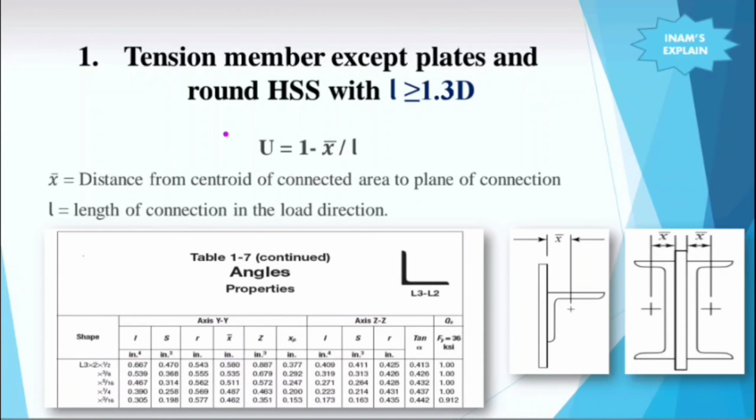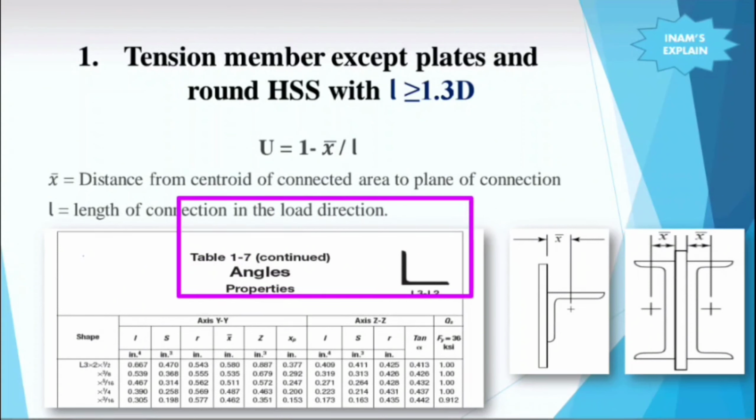And what is L in the formula? L is the connection length. Remember, this is in the direction of the load. What will be the connection length? Consider this is a member and here is the bolted connection. If the load is applied in this direction, then the connection length will be from the center of this bolt to the center of this bolt.